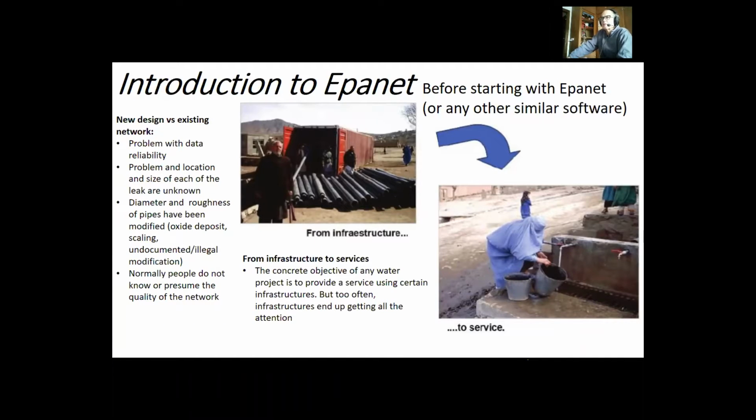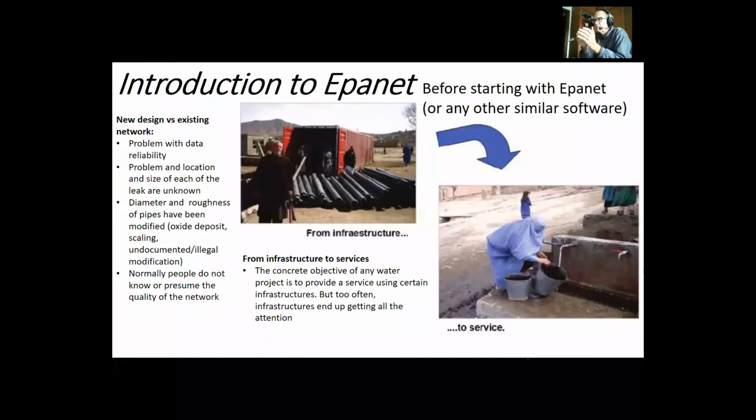Before you start to work with Epanet, we have to understand the difference between an existing network and a new network. If you do a new network, the good thing is that everything is new, so you can plan properly. You know exactly what type of pipe you can use. You know exactly what type of pump you can buy or you have to buy. But what you don't know is how people will react to the network.